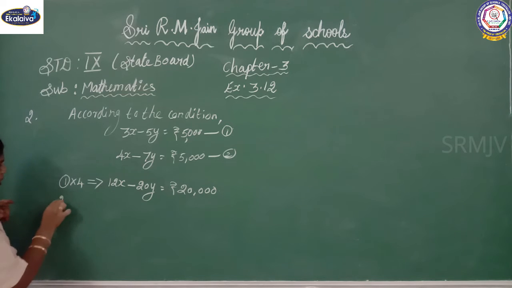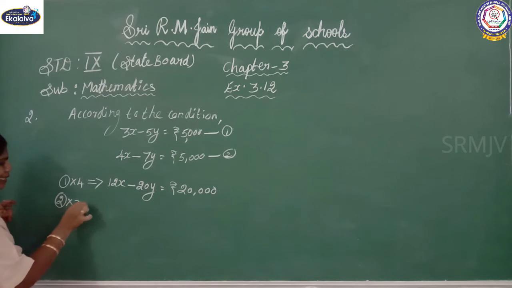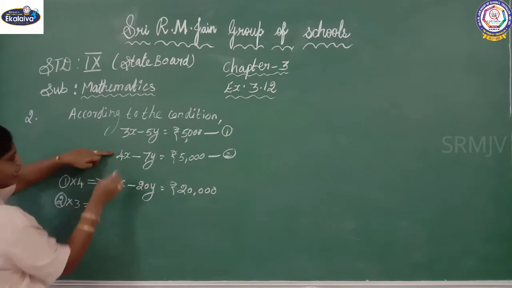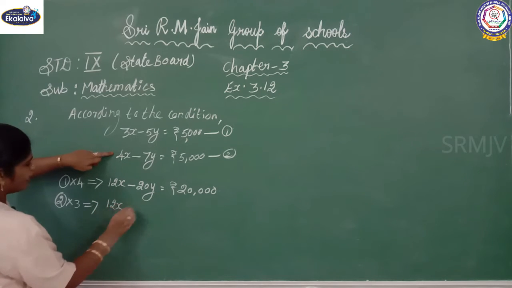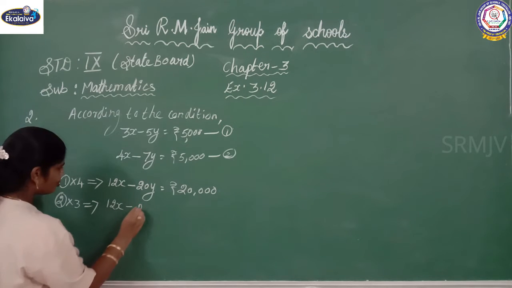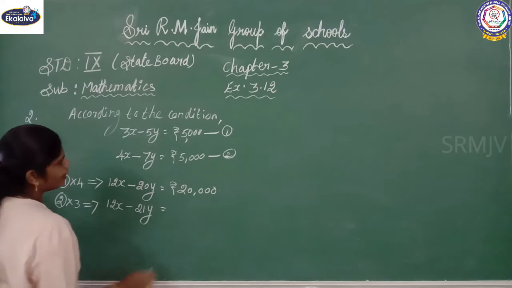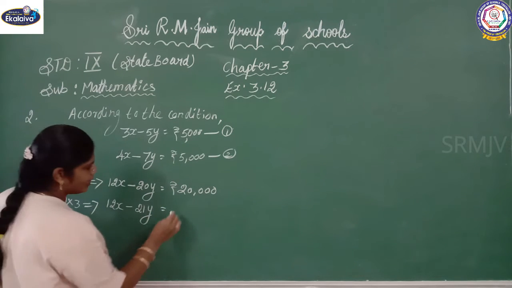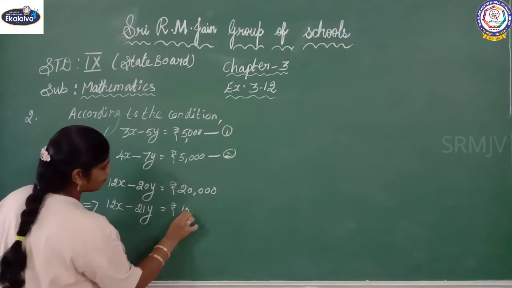The second equation I am going to multiply by 3: 3 fours are 12x minus 3 into 7y, 21y, equals 3 into 5,000, 15,000.